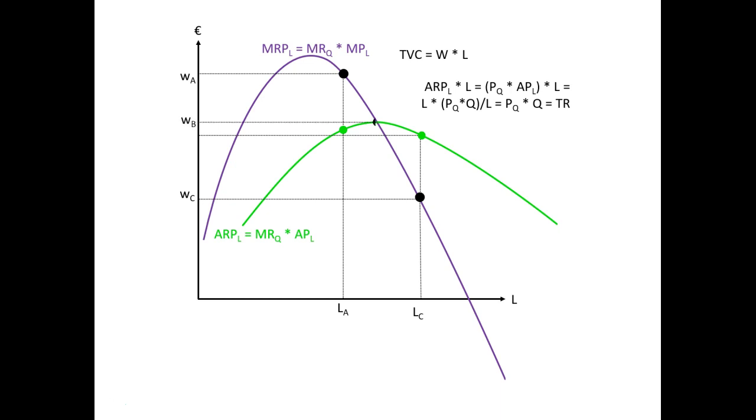The highest wage rate that this company in this scenario is willing to pay is WB, because here we see that WB times LB, the total variable cost for LB units, will be exactly the same amount of money as the total revenues we will have from LB. So average revenue product times LB will be equal to the total variable cost.